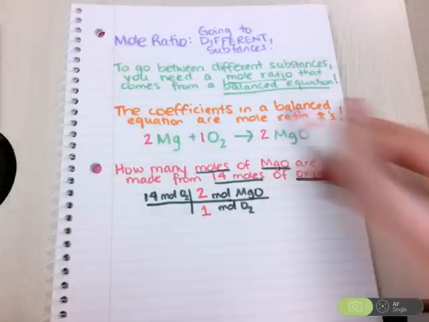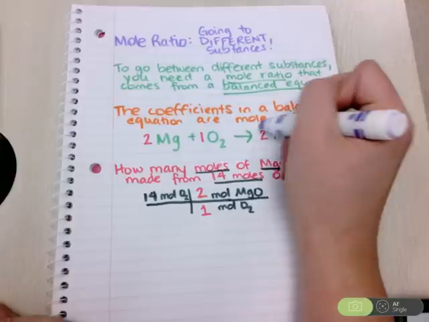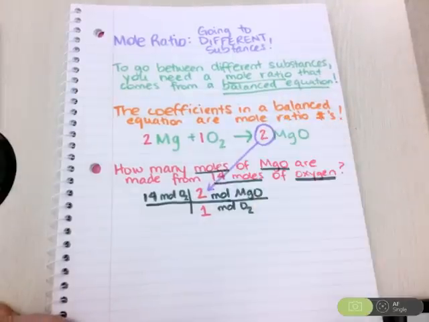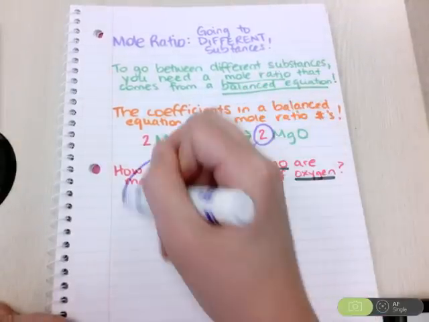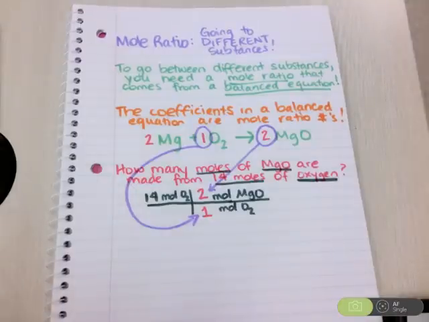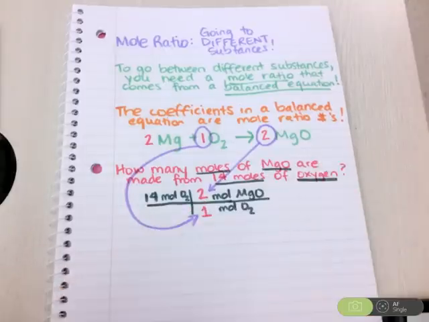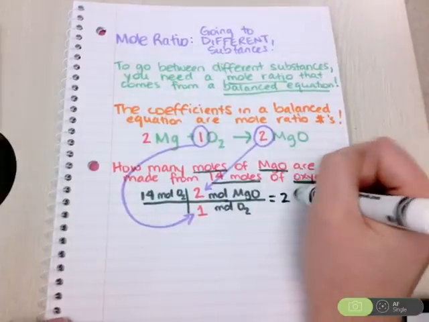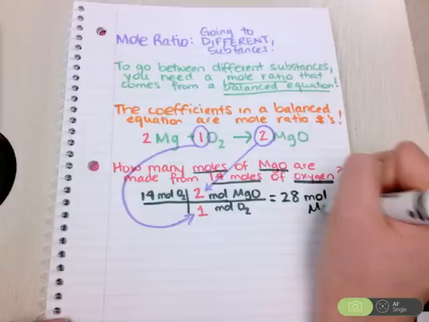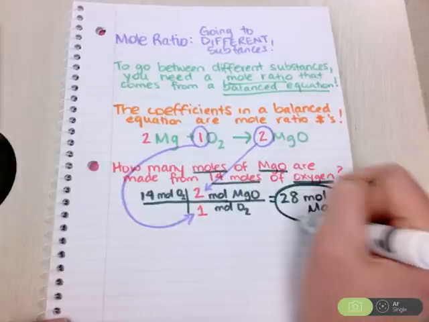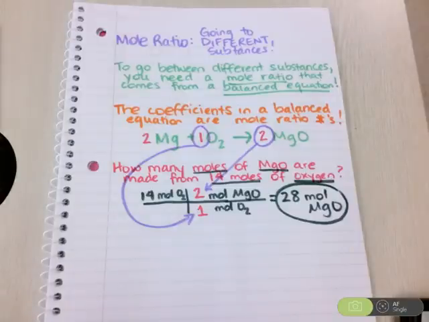So this 2 comes here. This 1 goes there. Okay? And then the math is still the same. In my T-chart, 14 times 2 divided by 1 equals 28 moles of magnesium oxide. Okay? So just slightly different, but the procedure is still the same.